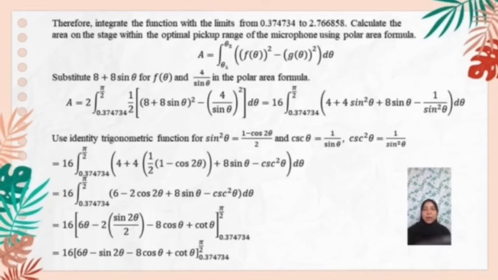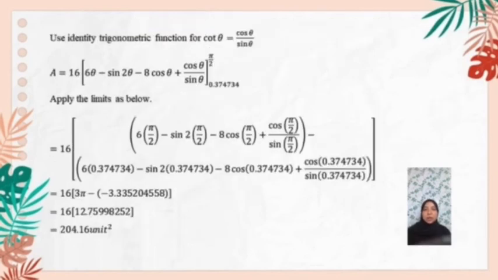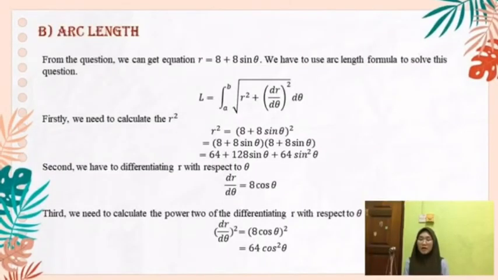After we apply the limit, we substitute 8 plus 8 sin theta for f theta and 4 divided by sin theta for g theta into the formula. Next, we integrate the equation until we get the value of area, which is 204.16 unit square.